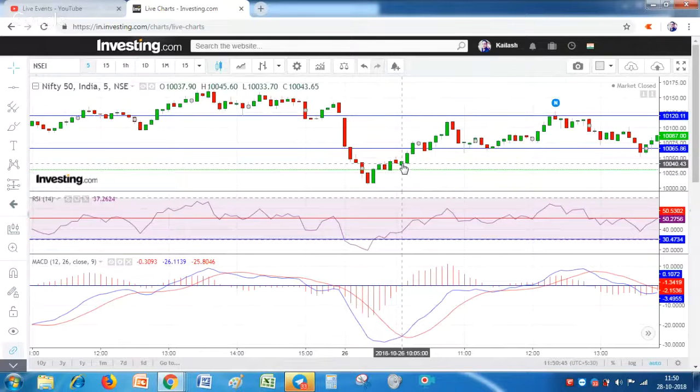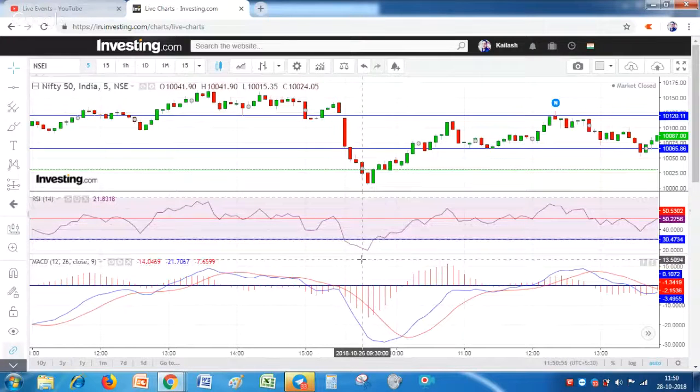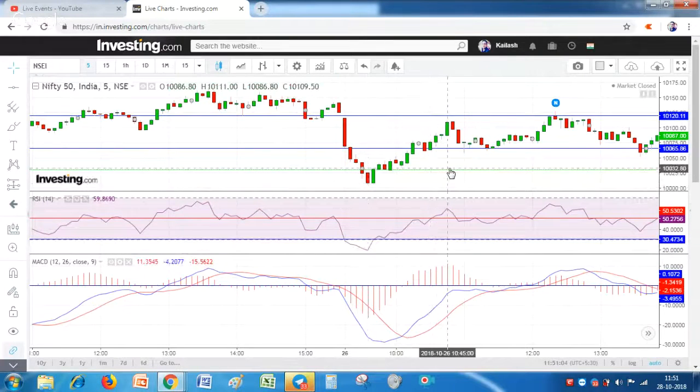It has given us a signal because RSI was already above 30. Always remember, it should go above 30 from below. That's an indication that the stock can rise.